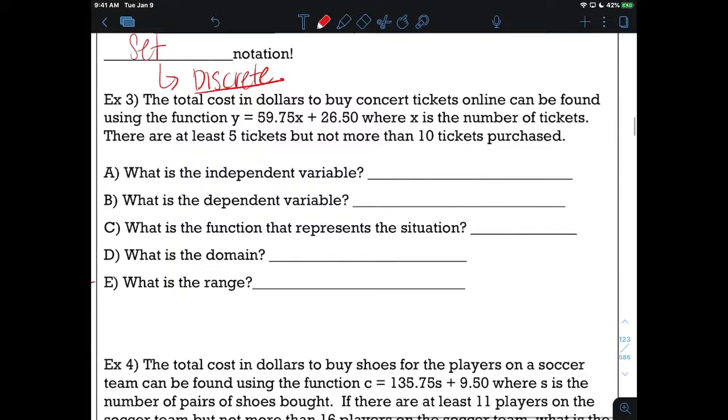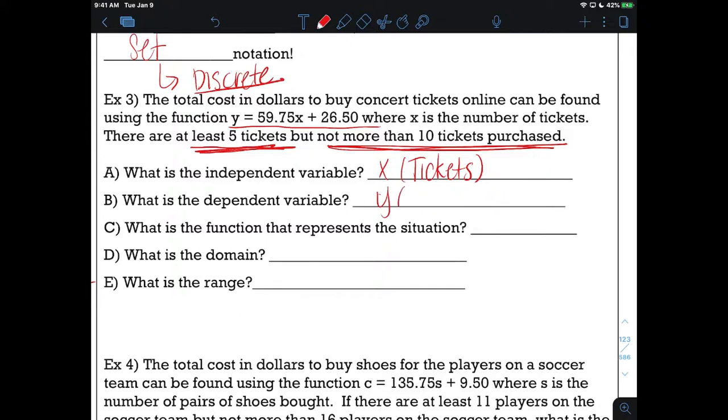The total cost in dollars to buy a concert ticket online is found by this function, where X is the number of tickets. There are at least 5 tickets and no more than 10. Okay, so first of all, what is my independent variable? It's X, also known as my number of tickets. What's my dependent variable?